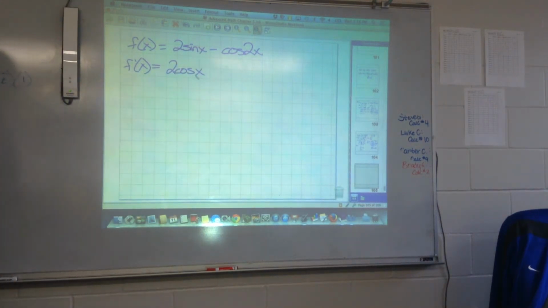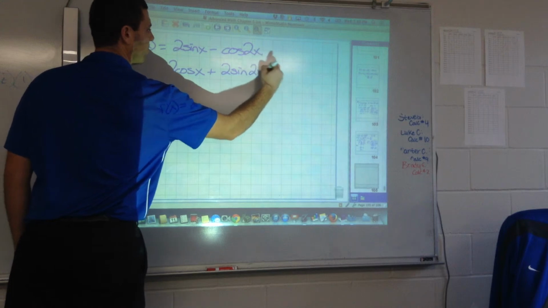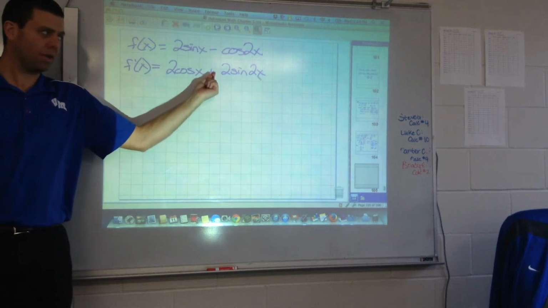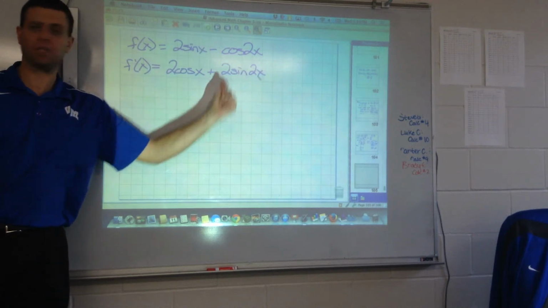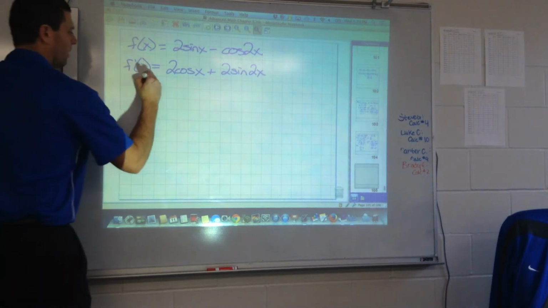The derivative of cosine 2x would be negative sine 2x times 2, so plus 2 sine 2x. Chain rule. Derivative of cosine 2x would be negative sine 2x times 2. So then you got a minus a negative, that makes it a plus, and then you got a sine 2x times 2. I just put the 2 in the front instead of the back. Okay? Got it.